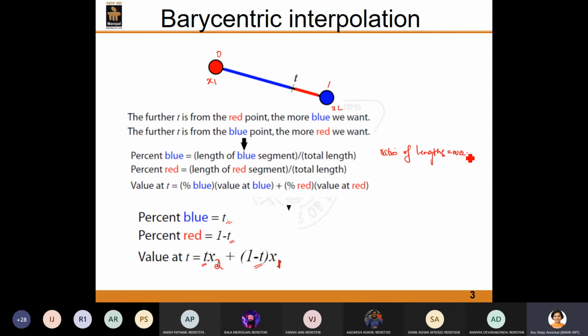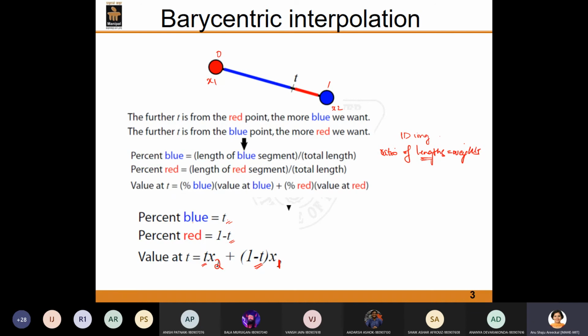So this is nothing but a weighted average. This is an interpolation where you take a weighted average and the weights that we are considering here are the ratio of lengths. And this one, as I said, is for a 1D image. 1D image in the sense that if you have only rows, if it is a row vector, or only columns, if it's a column vector, in that case you can just go with a ratio of lengths.